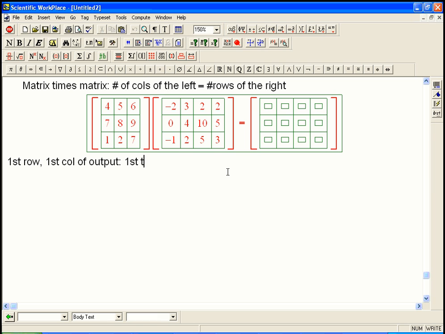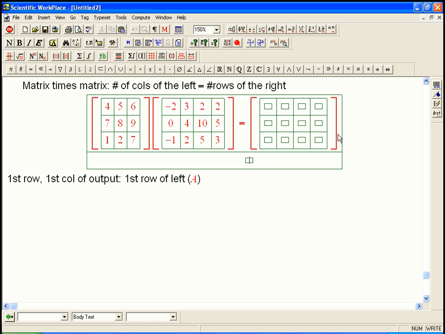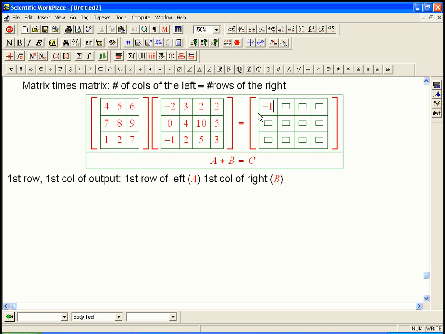We're going to go first row of the left-hand matrix. Let's call that A. So let's see, this is just going to be A times B equals, let's say C. And the first column of the right-hand one in the product, that's B. And we're going to pair them up in exactly that same way. 4 times minus 2, minus 8, plus 5 times 0, so minus 8, minus 6 is minus 14.